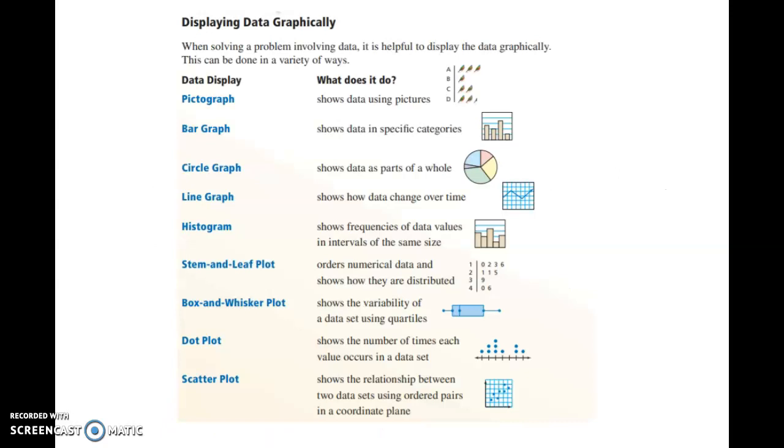Okay, so based on if data is qualitative or quantitative and what the data is, you're going to want to be able to show it in different ways. These are all different ways that we show data. Pictograph, there are pictures, a bar graph here, circle graph. These things are good for categories here or things that are qualitative.